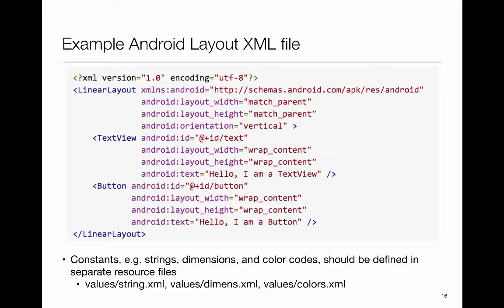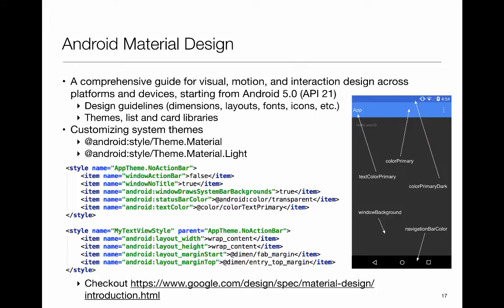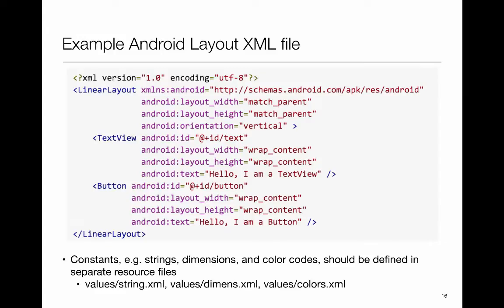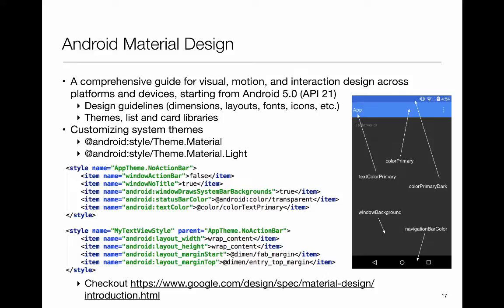For example, you have a property called android:layout_width, and you can say there's an item with the name android:layout_width and the value of wrap_content. Once you define all these styles for different views, like this one, which I call my text view style, later on if you have a text view, you don't have to write all these properties anymore. You can just say style equals my text view style.